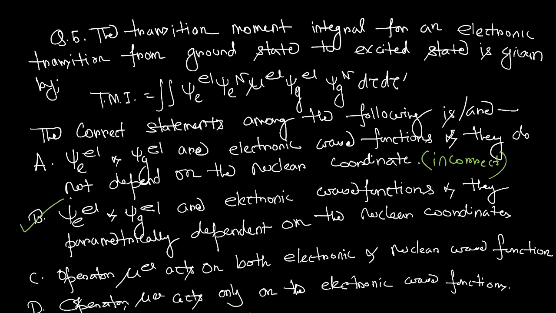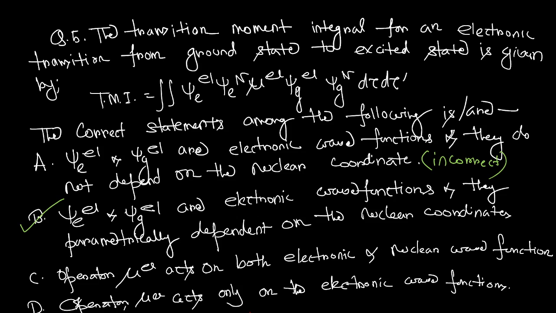Now, the operator mu EL acts on both electronic and nuclear wave functions. You can see that mu electronic only acts on the electronic part.